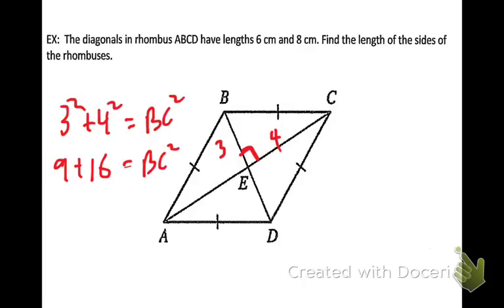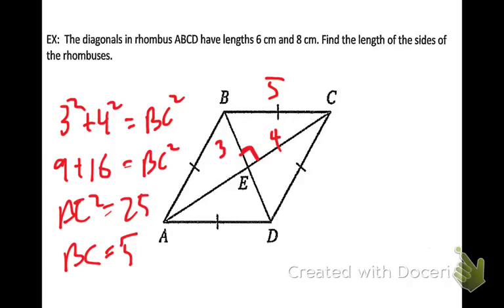So BC squared equals 25, and BC equals 5. The length of the side BC is 5, and all the lengths of the sides are the same. So the length of the side is 5.